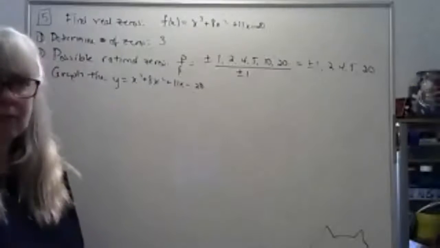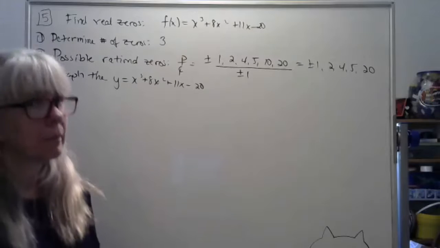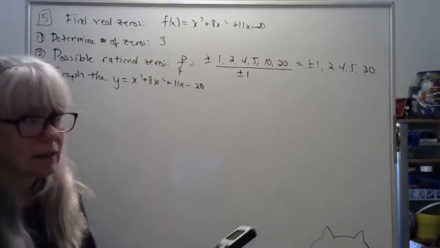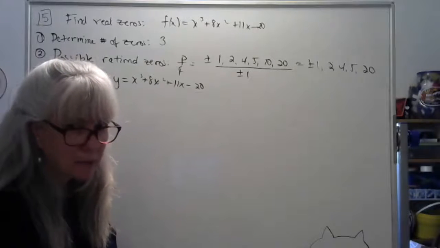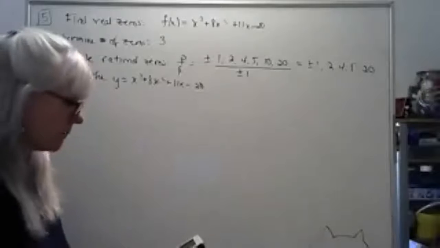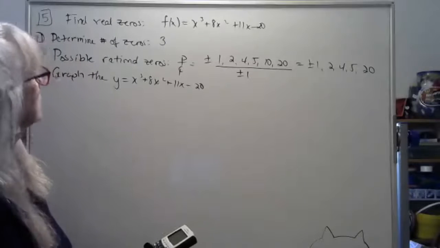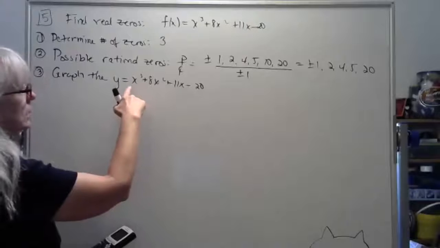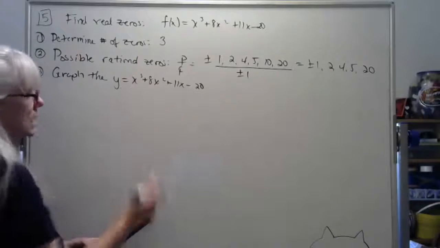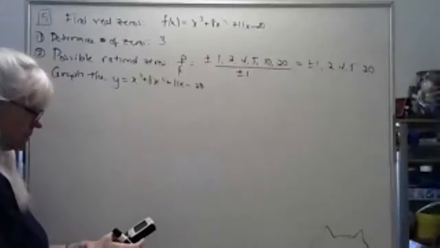Do you know how to graph on your calculators? Yes. Yes. Adam's a yes. Matt? Yeah. Okay, so somebody go graph it. Again, you're going to go into the y equals and plot x cubed plus 8x squared plus and so forth.